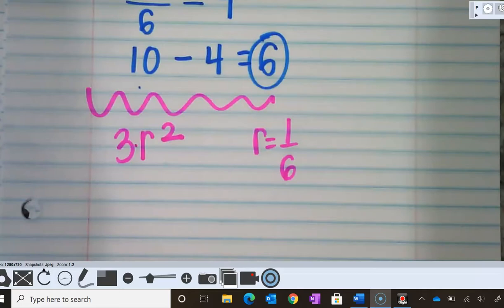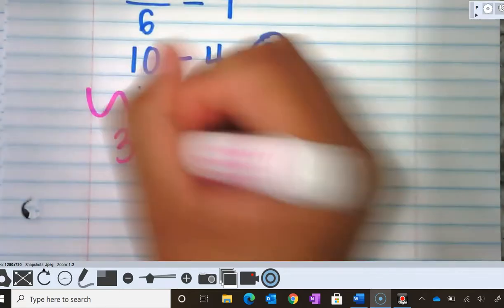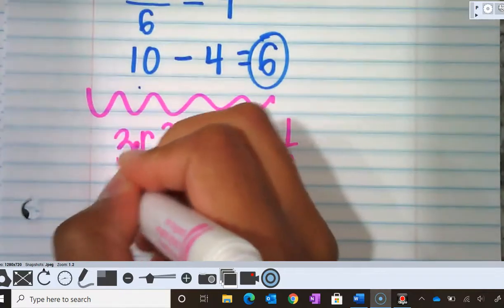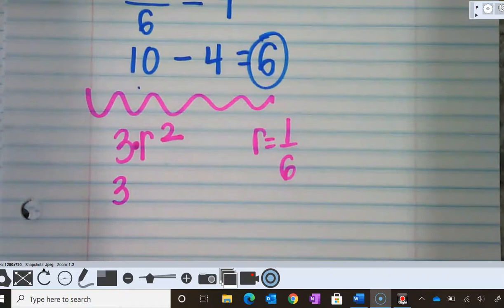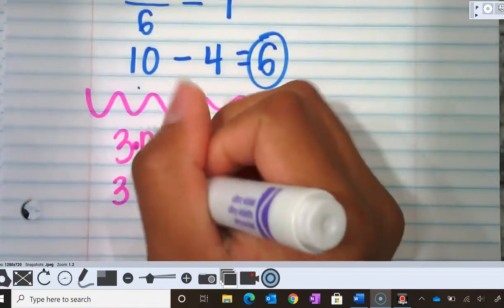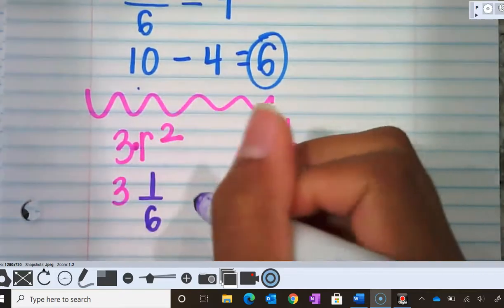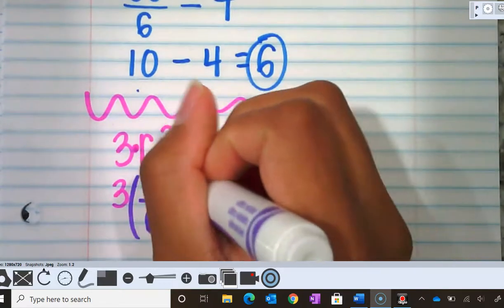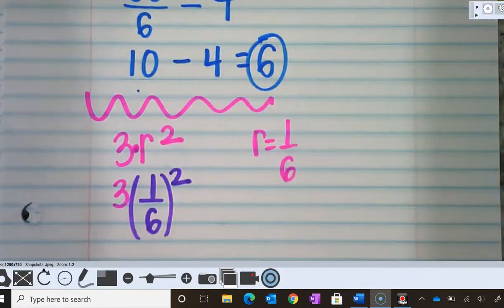We have an exponent, squared. So let's try this. I'm going to go ahead and replace my r with 1/6. And we have 1/6, I'm going to put in parentheses, to the second power.